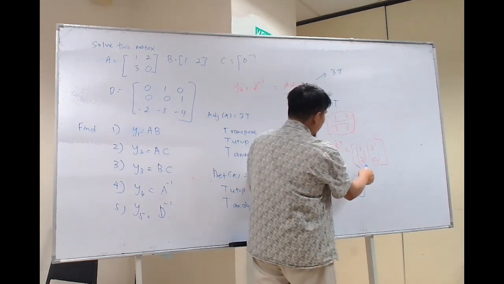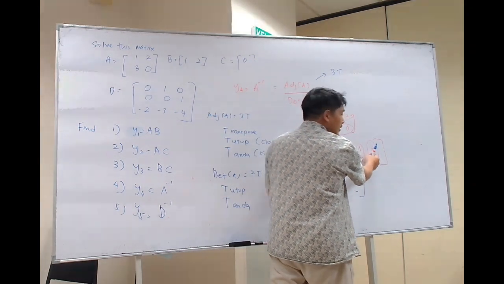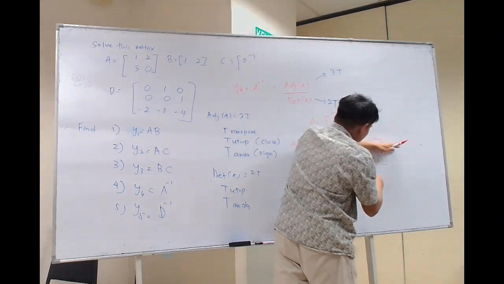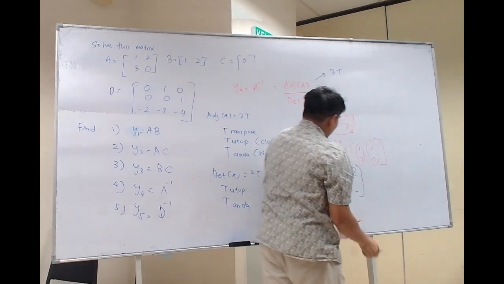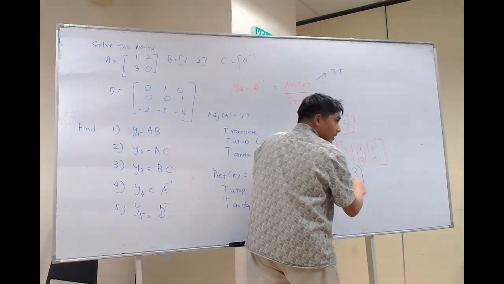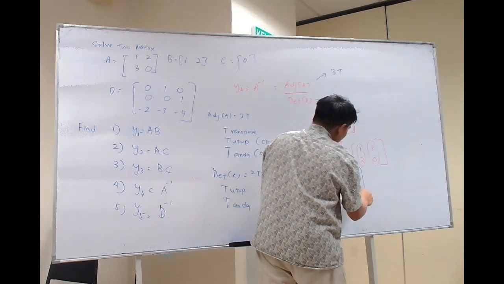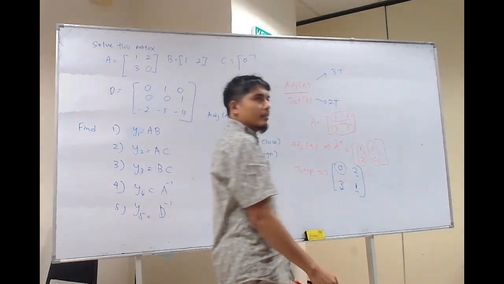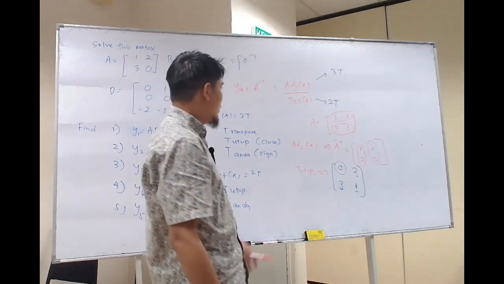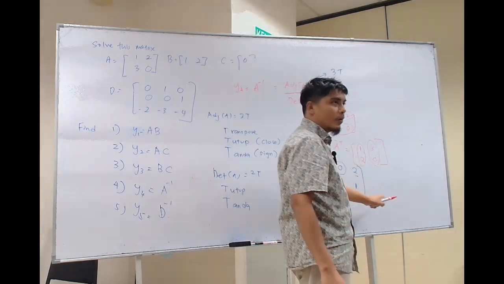What is the number here? 2. What is the value here? 3. And what is the value here? 1. Okay, 0, 2, 3, 1. So after you tutup, you get 0, 2, 3, and 1.